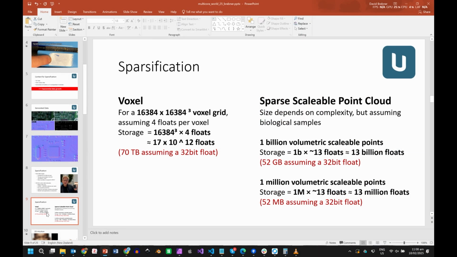So if we look at a voxel data set that we're trying to capture, just a single frame, if it's a short int by a short int by a short int, you'd assume 4 floats per voxel. So if you're storing RGB and maybe an intensity, you're looking at about 70 terabytes for that.